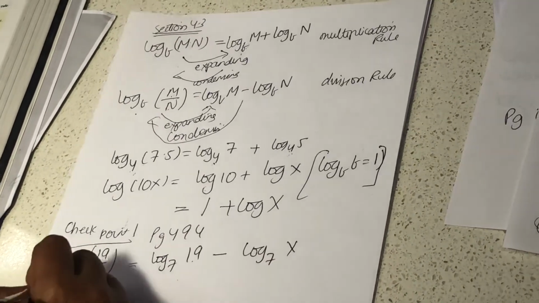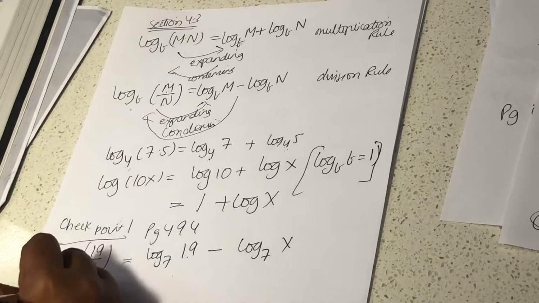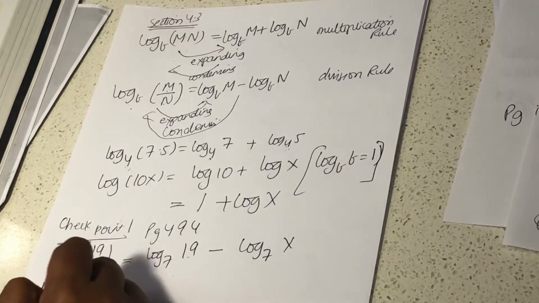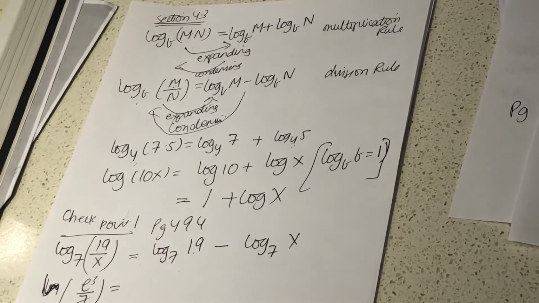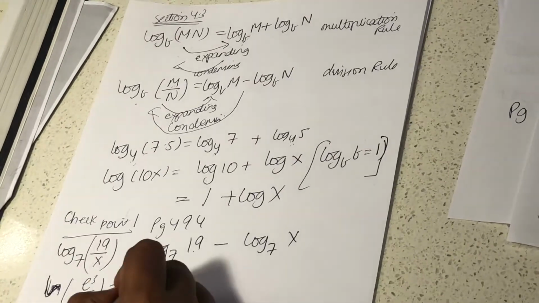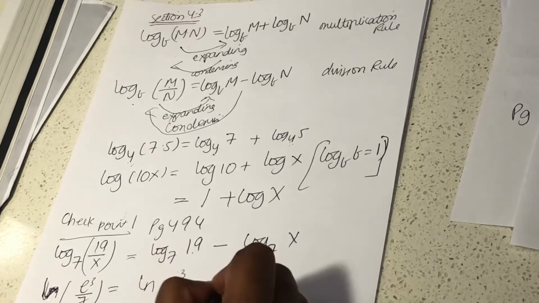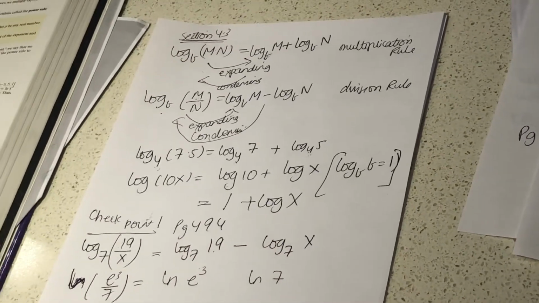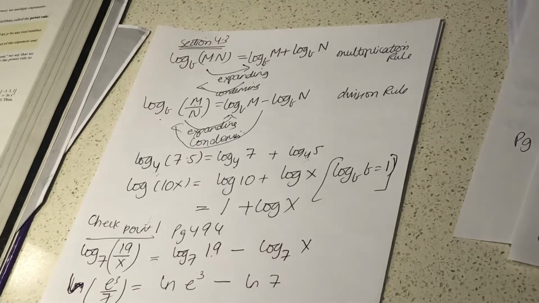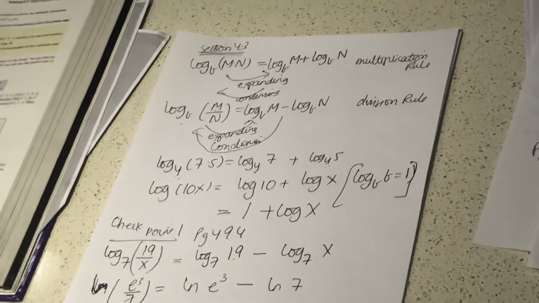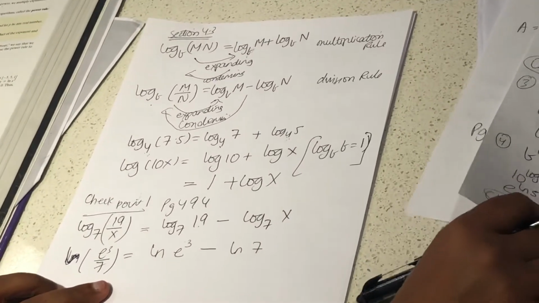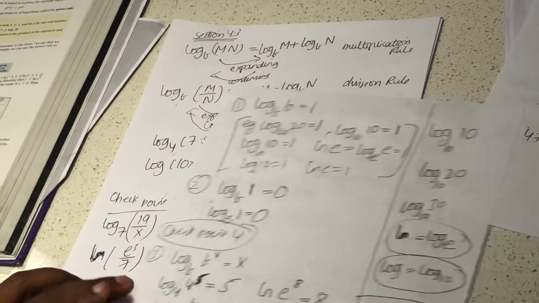That's it. So for example, if I say ln of e^3 divided by 7, you have e^3 and 7. So write ln in front of e^3 also, ln in front of 7 also. Now what will be the sign in the middle? Since it's division, it's going to be a minus sign. Can I simplify this further, using the properties we did last lecture?